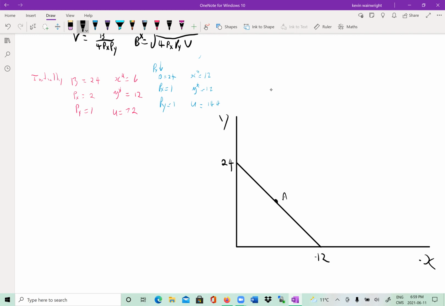And I'm at point A. My initial X is 6, and my initial Y is 12.